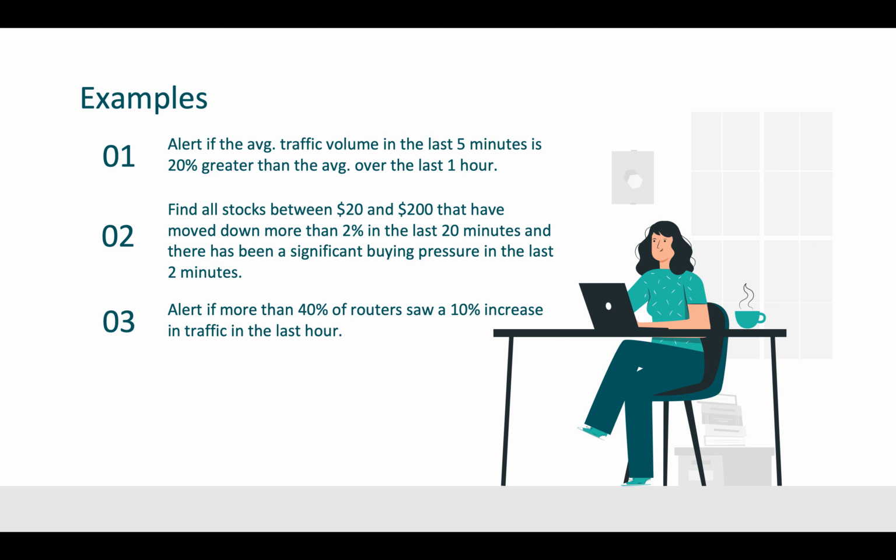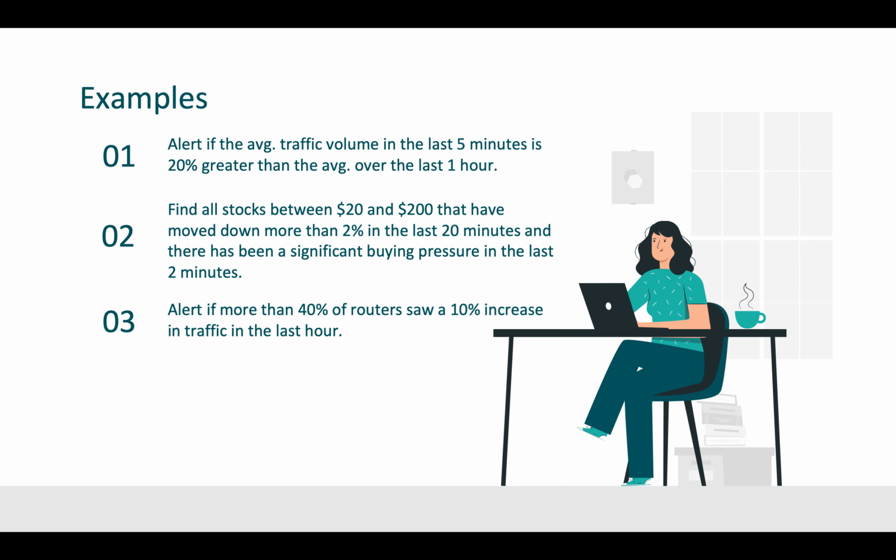Here are examples of sliding window aggregation usage. First, we can create an alert if the average traffic volume in the last 5 minutes is 20% greater than the average over the last 1 hour. Secondly, we can find all stocks between $20 and $200 that have moved down more than 2% in the last 20 minutes, and there has been significant buying pressure in the last 2 minutes.